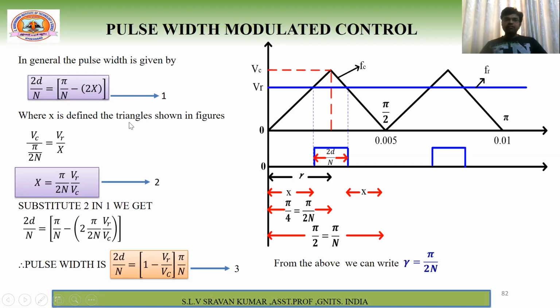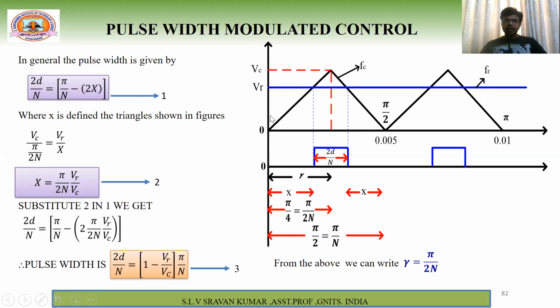Next, x is defined by the triangles shown in the figures. Here we have to consider two triangles. The first one is this part. So how can I write this equation? VC divided by pi by 2n, since this part distance is pi by 2n. So VC by pi by 2n is equal to VR by x. For VR by x, you have to consider this triangle only.